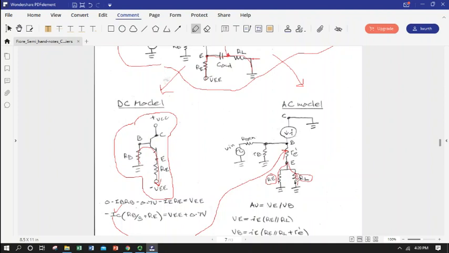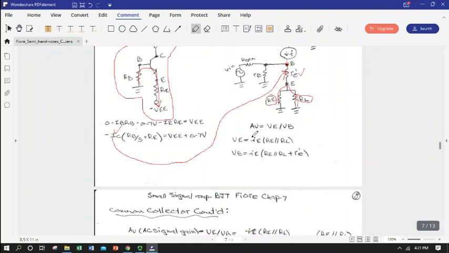And the emitter current is pretty much equal to the collector current in the AC model, just like the DC. And then the base voltage is going to be the same as the emitter voltage plus whatever the voltage drop of the collector current over our base emitter resistor. So definitely need to calculate this guy. So we've got that defined here.